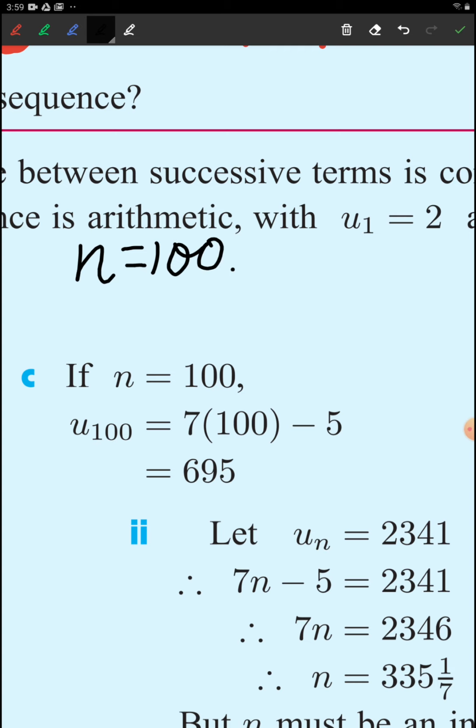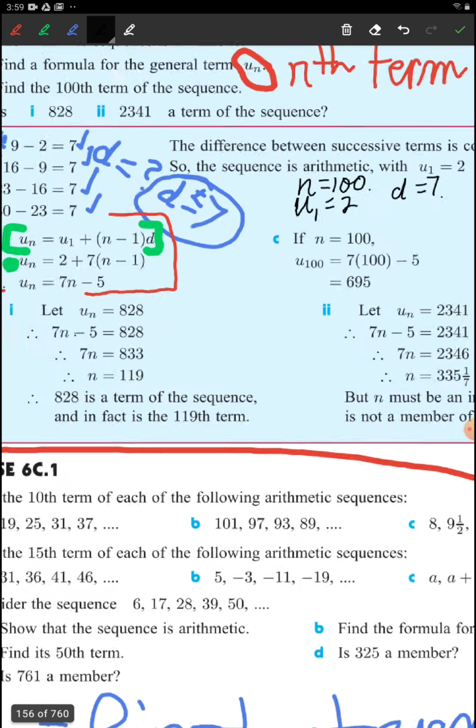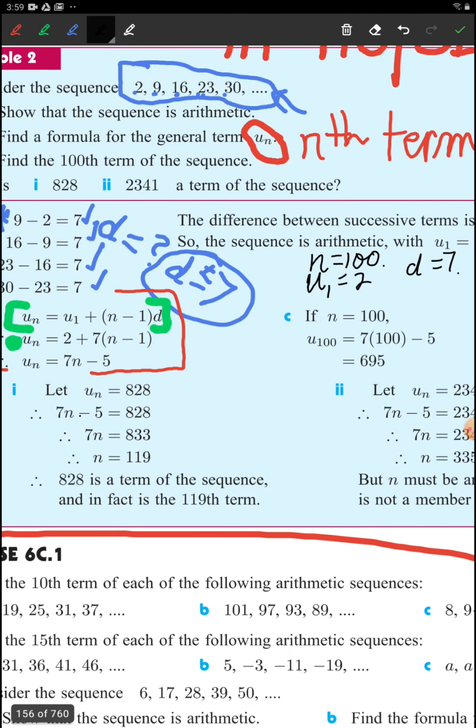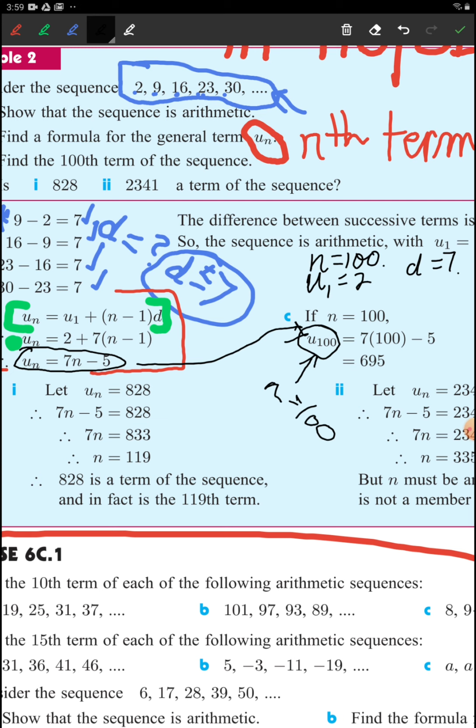Using the formula 7n minus 5, notice they replaced n with 100. Everywhere they saw n, they replaced it with 100. So 7 times 100 is 700, 700 minus 5 is 695.